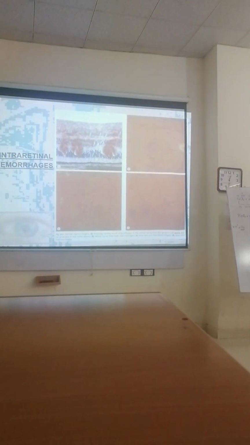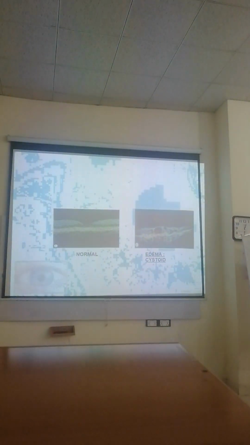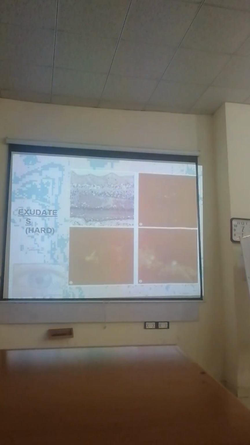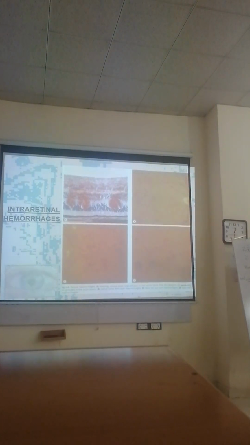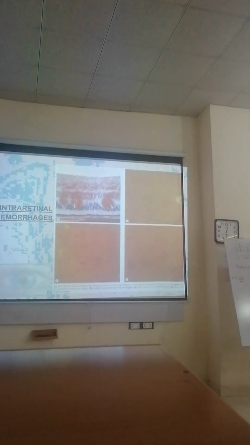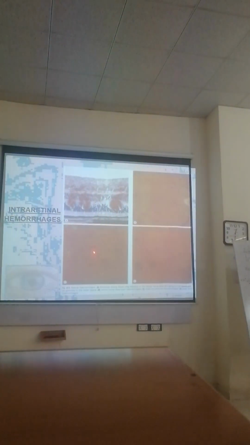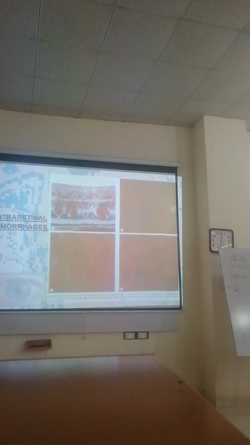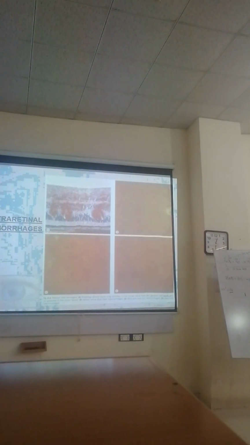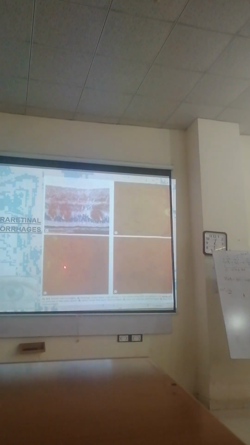Intraretinal hemorrhages are difficult to differentiate from microaneurysm on pictures at least. But this is the second sign of diabetic retinopathy. And you can see they are just like microaneurysm.